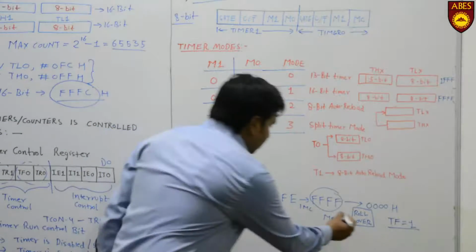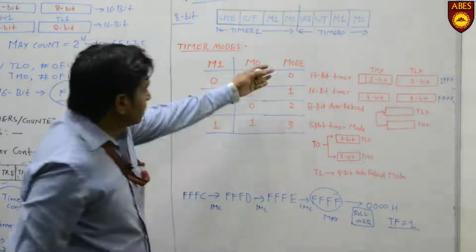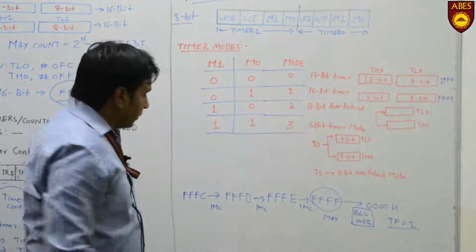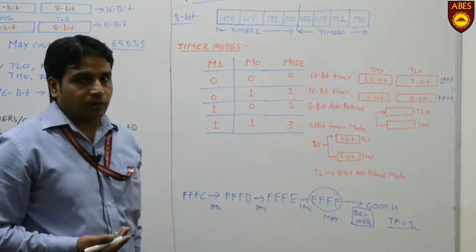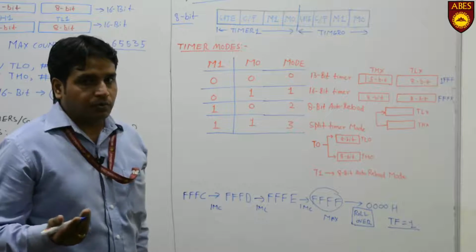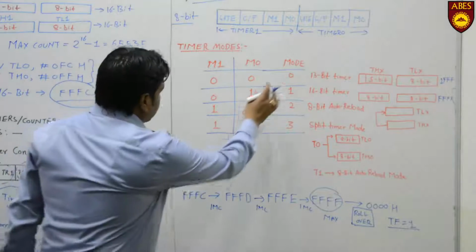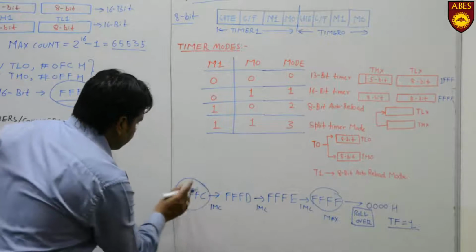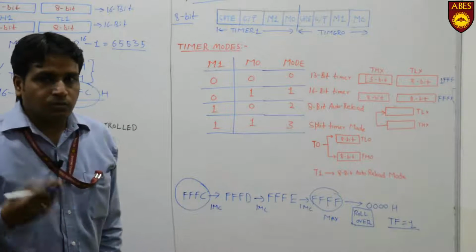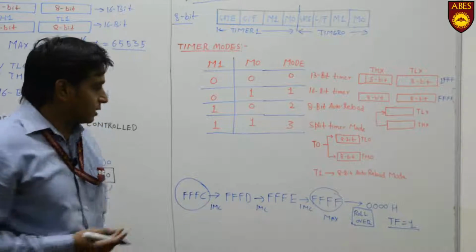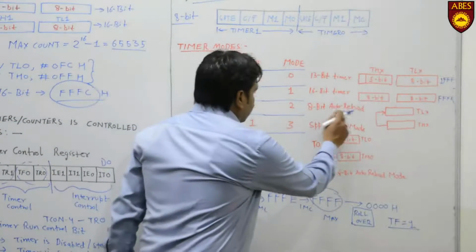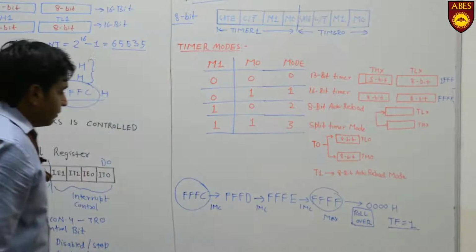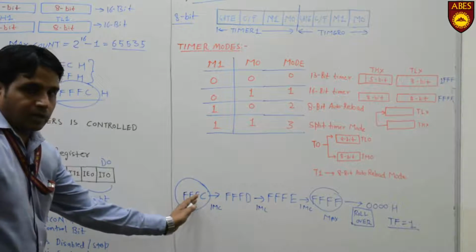So when the timer rolls over, in case of mode 0 and mode 1, we have to reload the initial count value to operate the timer for the next round. The initial value, FFFC, has to be loaded again to use the counter or timer for the next round. But in case of the auto reload mode, we need not reload this value again and again.